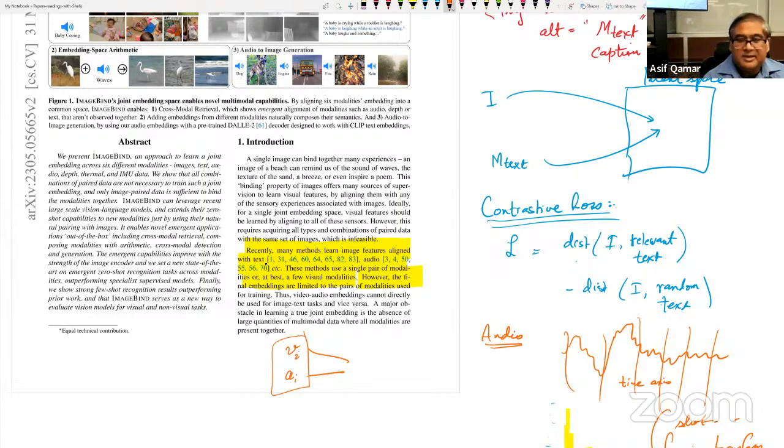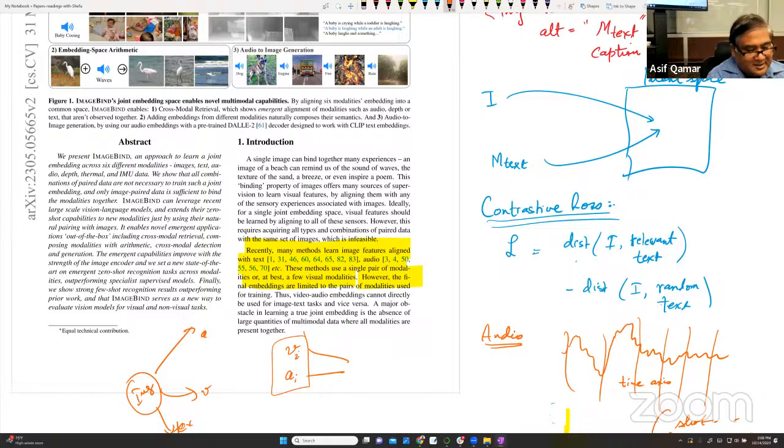But if you use image as a hub and surround it with audio, video, text, all the other modalities, because they are all associated with image very often, it's very easy to align them into a common embedding.